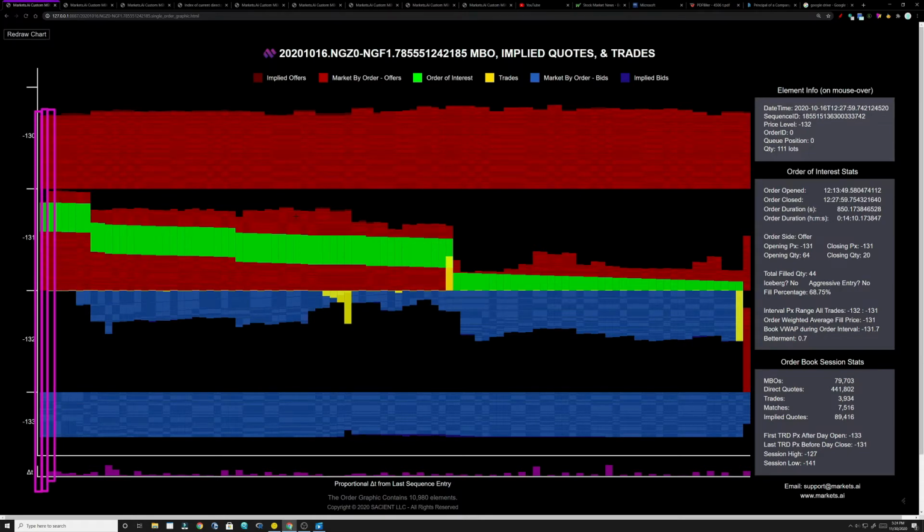This is not a time series. These are not 1-minute bins, 5-minute bins, 10-second bins, 1-second bins, 1/10 of a second bins. They are a sequence of sets of events that impacted our order of interest.